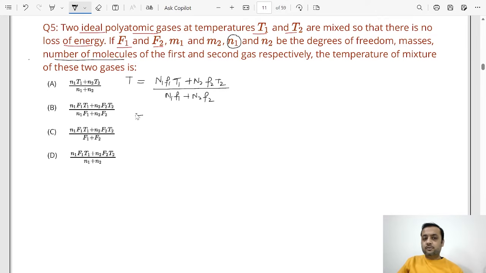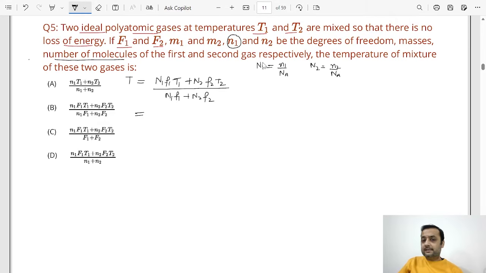Basically how? Let me show you. N1 is the moles. Number of moles can be written as the total number of molecules upon Avogadro number. Capital N1, the number of moles of the first gas, can be written as small n1 upon Avogadro number. Yes or no? Moles means total number of molecules upon Avogadro number. Similarly, N2 can be written as small n2 upon Avogadro number.